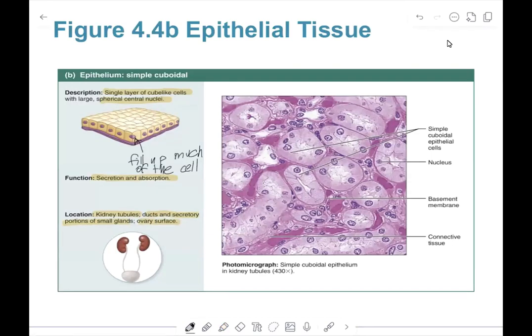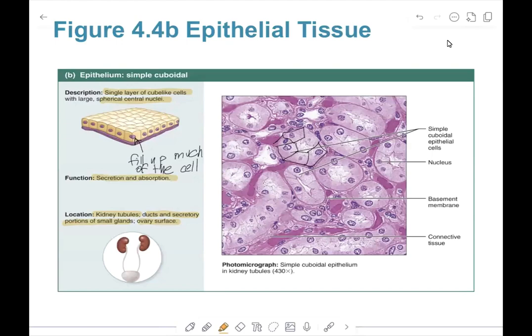You can see here that these are the simple cuboidal epithelial cells. There's basically one nucleus per cell. In this case, this is what's called the kidney tubules, which you don't need to know what those are now. You'll learn more about them next semester.